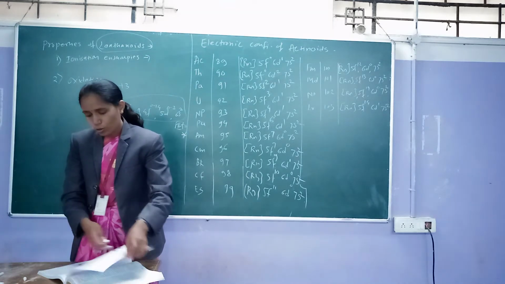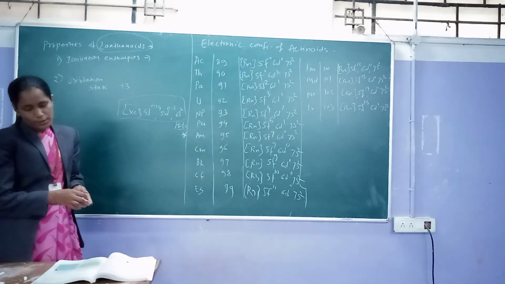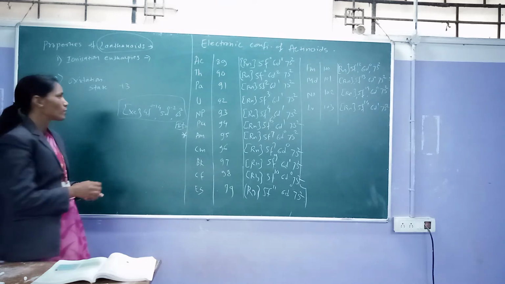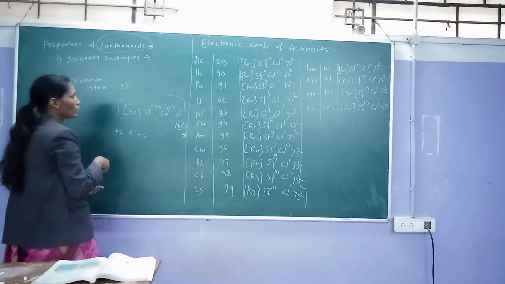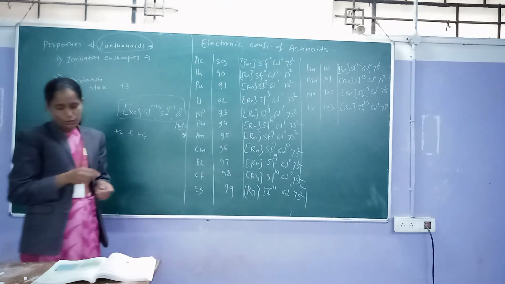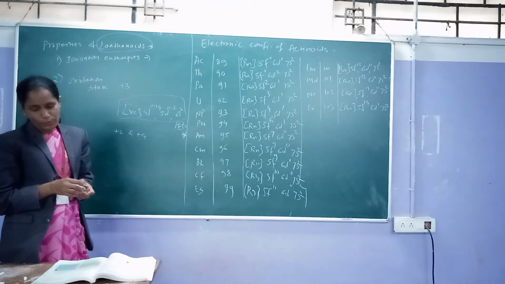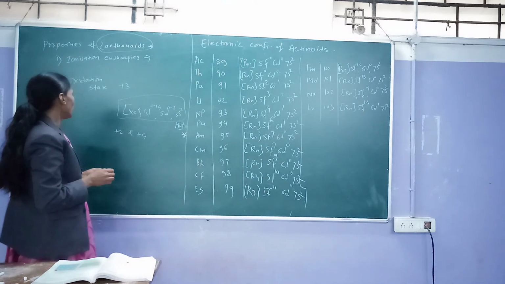Then they also show variable oxidation states: some lanthanoids show +2 and +4. These are formed in the case of f0, f7 and f14 configurations or resulting elements.